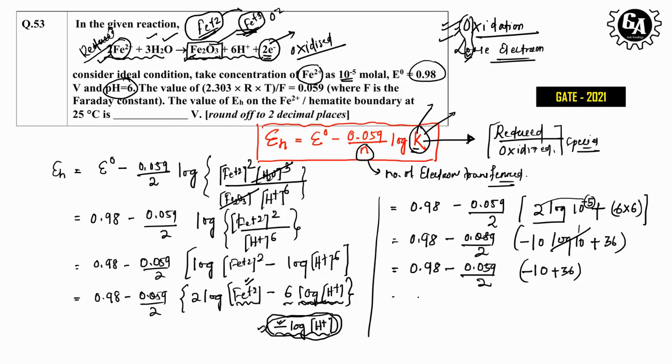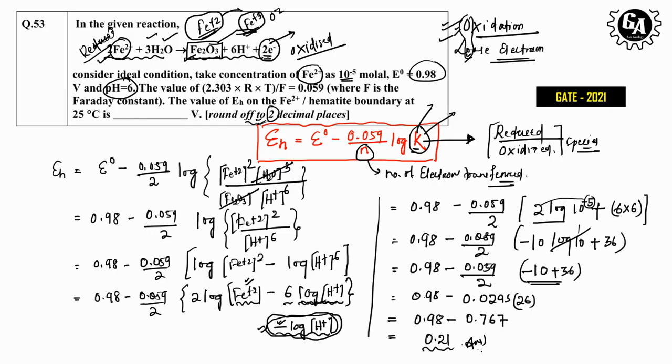So we are getting 0.98 minus 0.0295 times 26. If you calculate the value, this is 0.98 minus 0.767. So the value is around 0.21, and maybe it is asking to round up to two decimal places. So our answer will be 0.21.